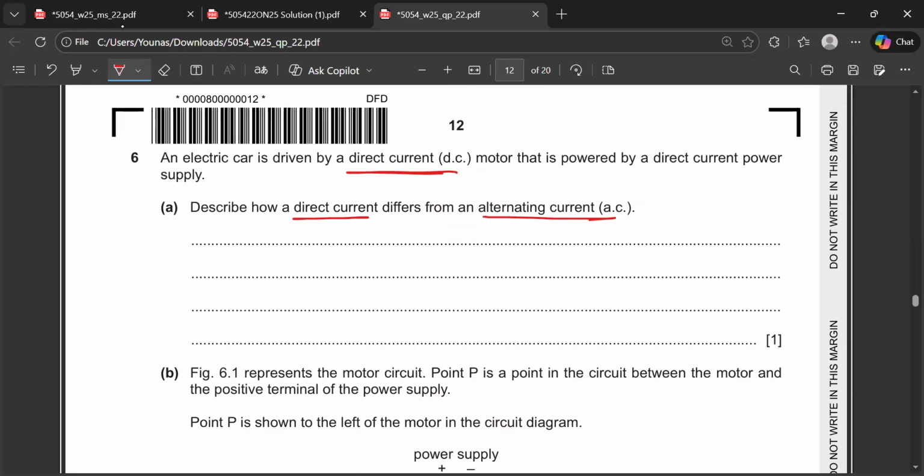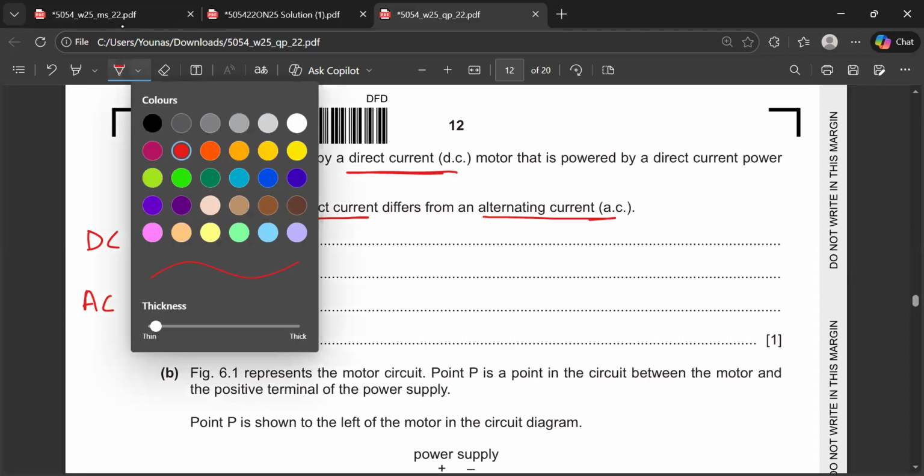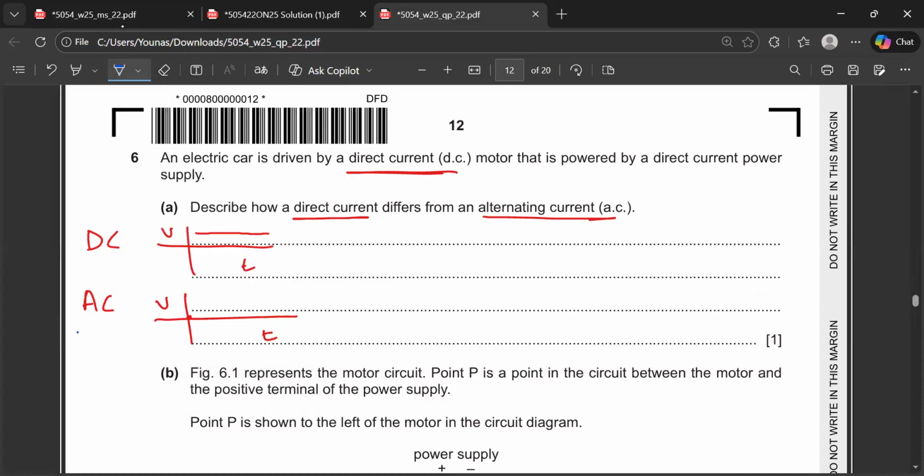You see, the graph for the DC current, if here is the voltage and here is the time, is always a straight line. But in the case of the alternating current, the graph shape is something like this. It goes up, it comes down, it goes up, it comes down, it goes up.